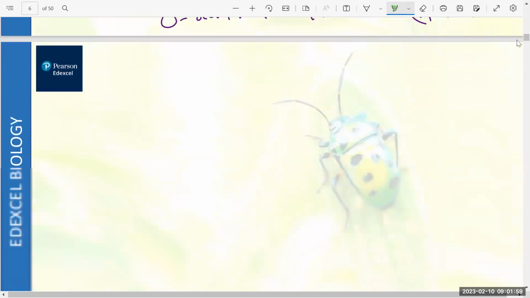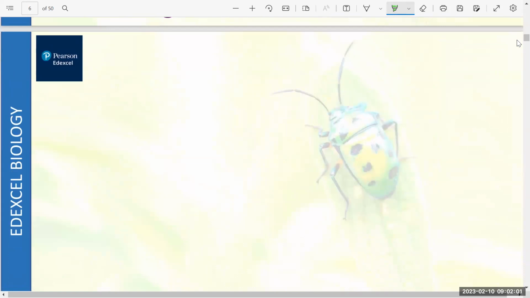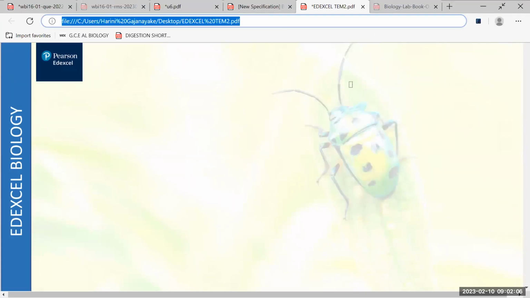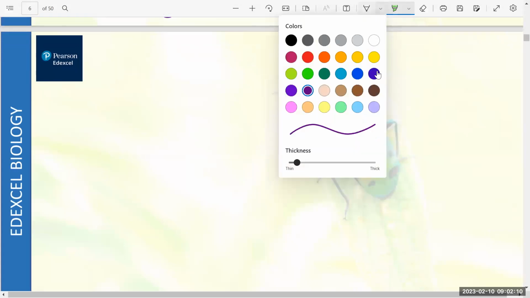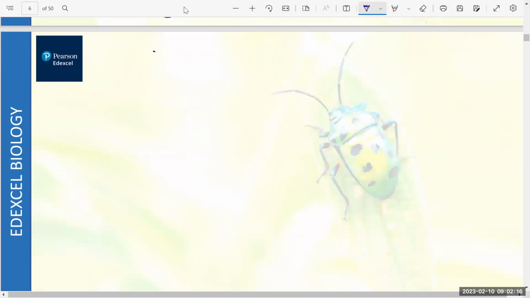Okay. Now we have something important here to learn. When we count organisms and try to find the relationship, we need a method to analyze the data.